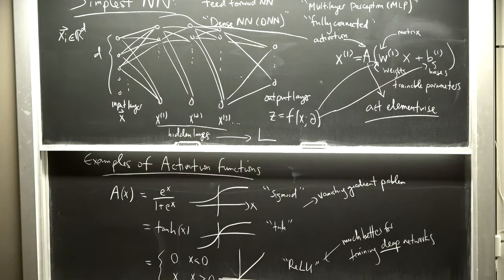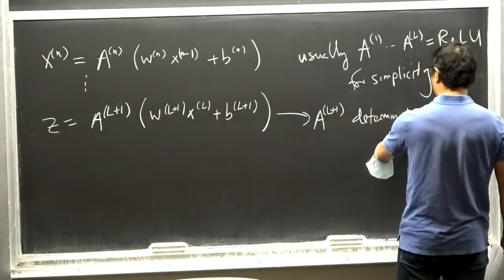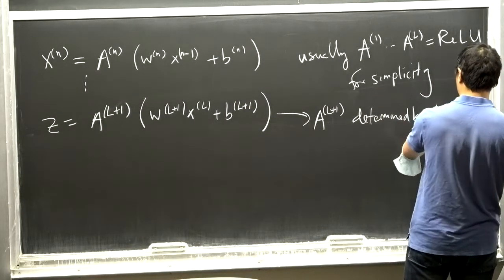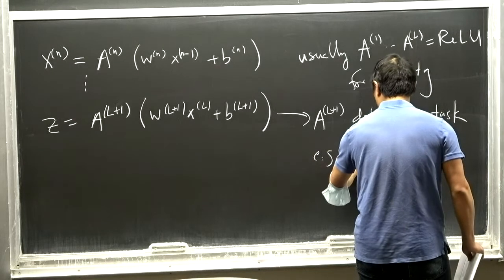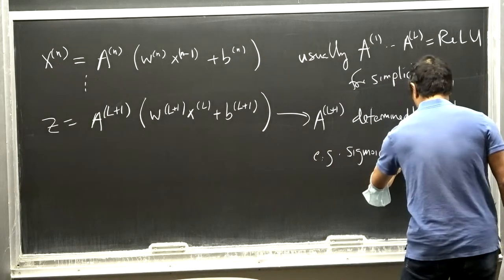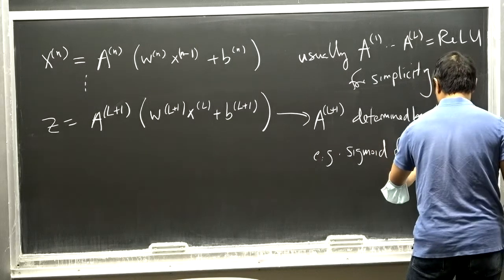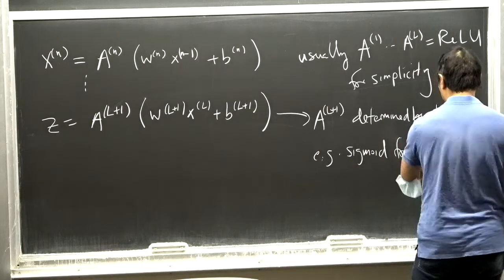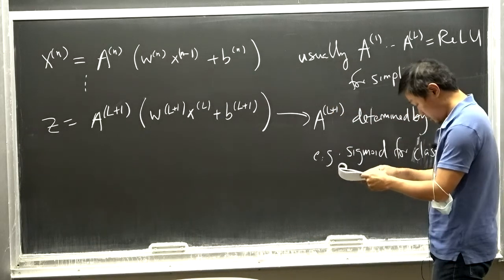So this one, A L plus 1, is determined by the task, for example, sigmoid for classification. OK, yes, you had a question? Yeah, it's good. Thanks. OK, good.